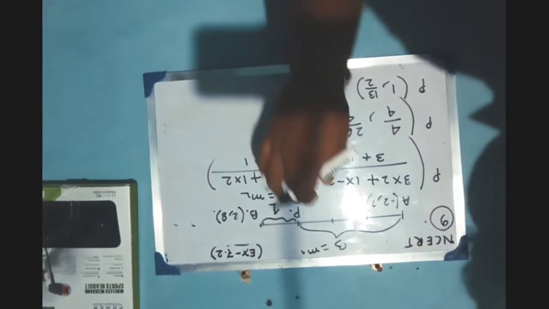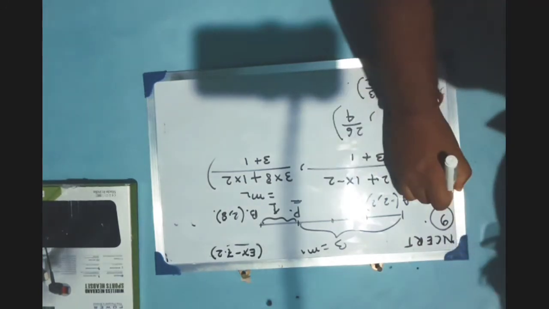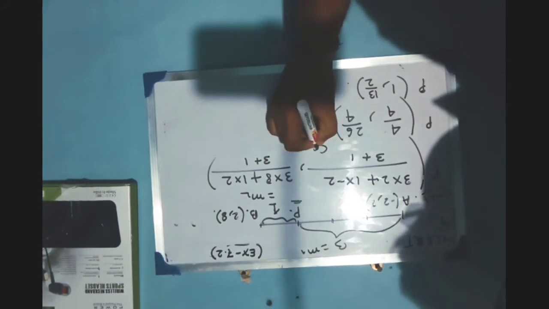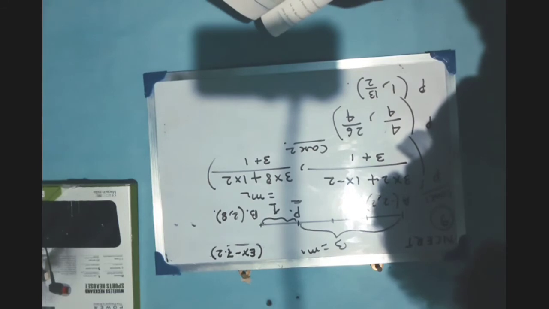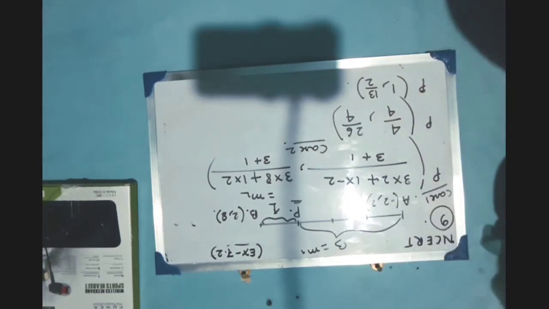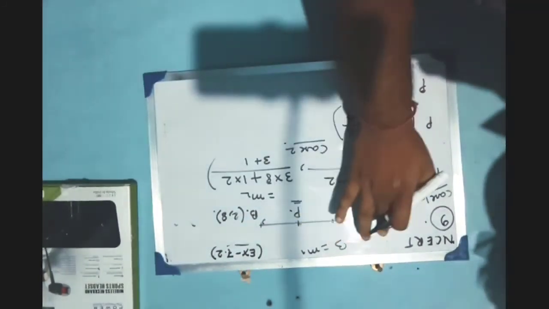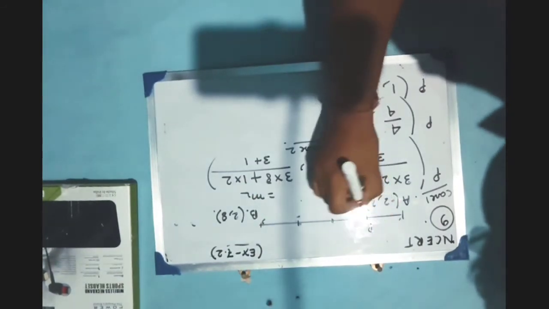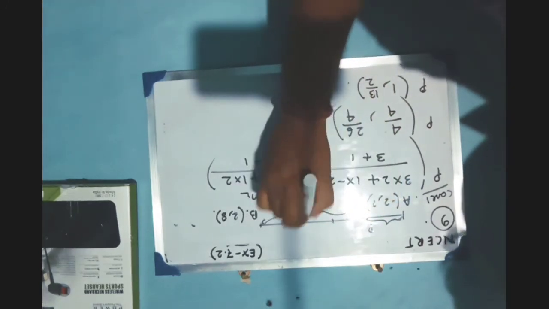If I take the position of P over here, obviously this time this will be 1 unit and this will be 3 units.